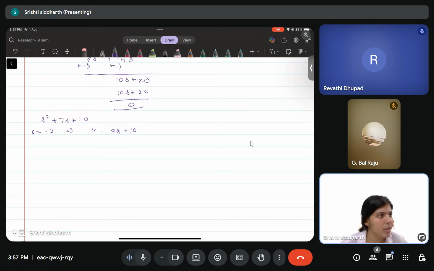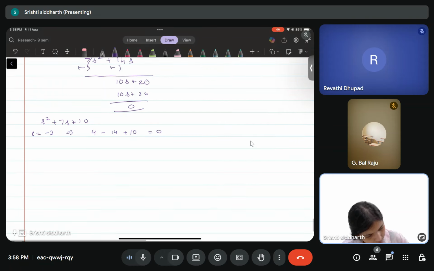So s square plus 7s plus 10, this is 0, and then I think we can just do that again.